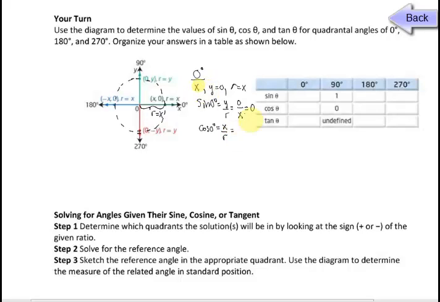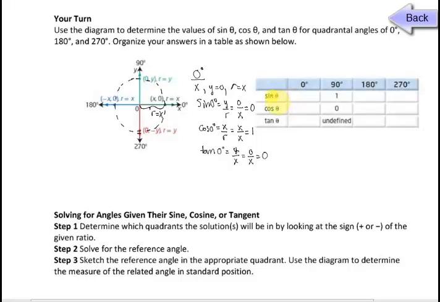The value of x is still x. The value of r, though, is now x, and x over x is 1. The tangent of 0 degrees is y over x. Y is 0, x is x, and 0 over x is 0.